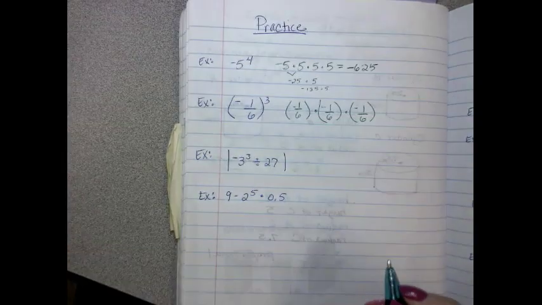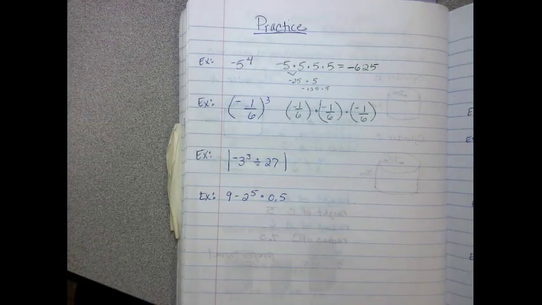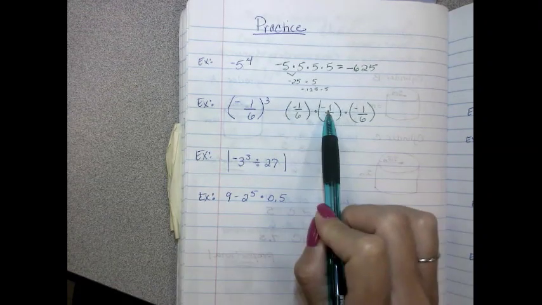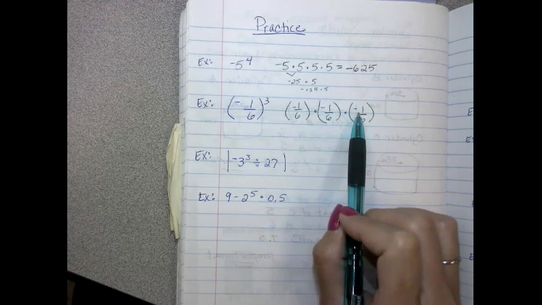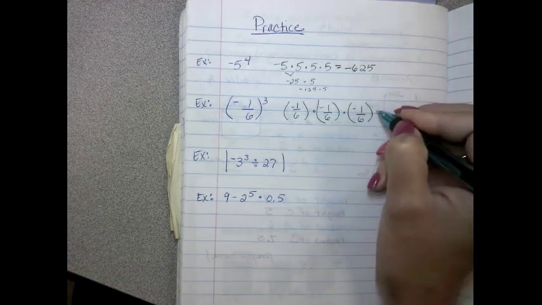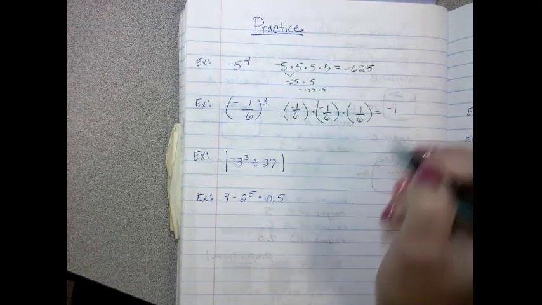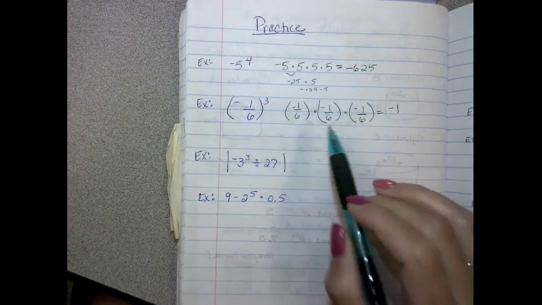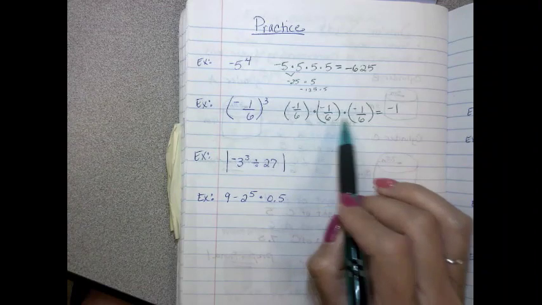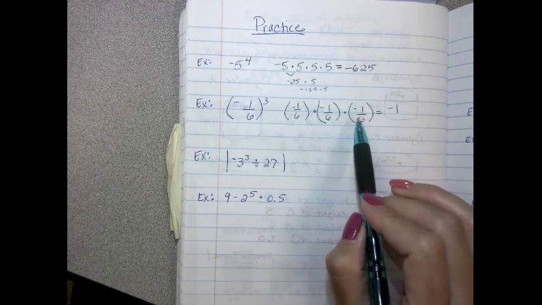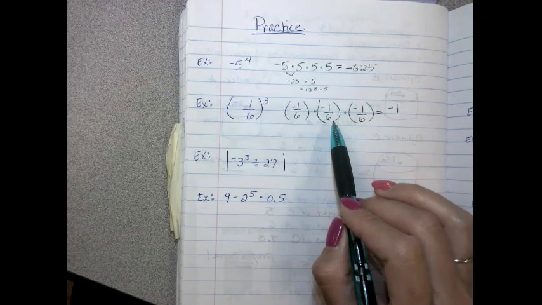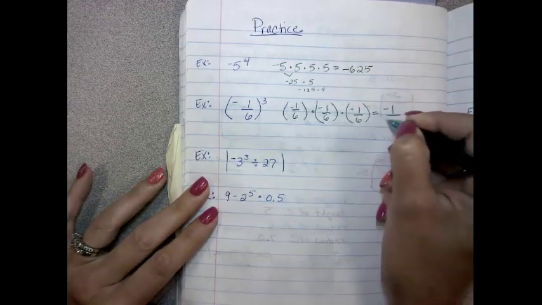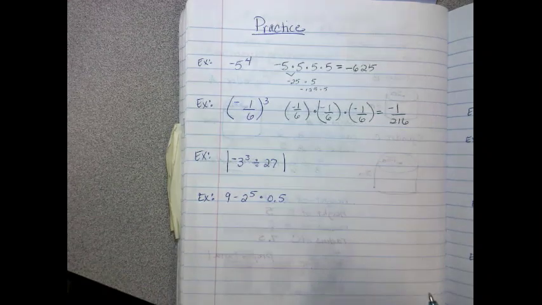Now, if you remember your rule for multiplying fractions, when you multiply fractions, you multiply straight across. -1 times -1 is +1 times -1 is -1. 6 times 6 times 6. Well, 6 times 6 is 36. Times 6 again is 216.